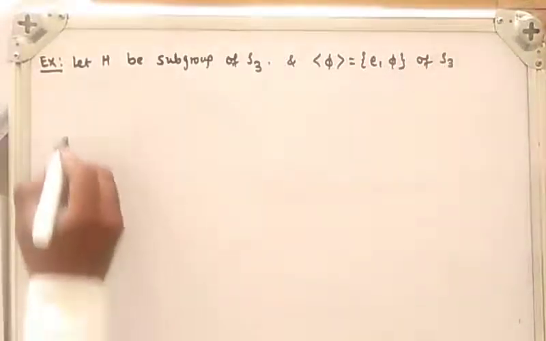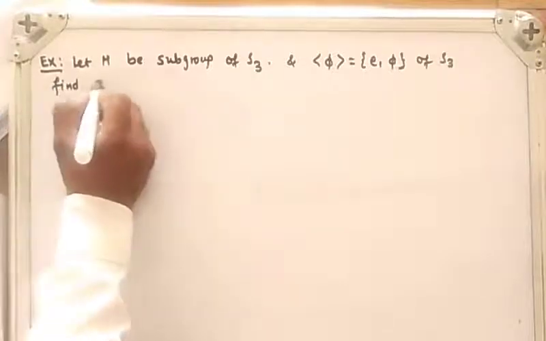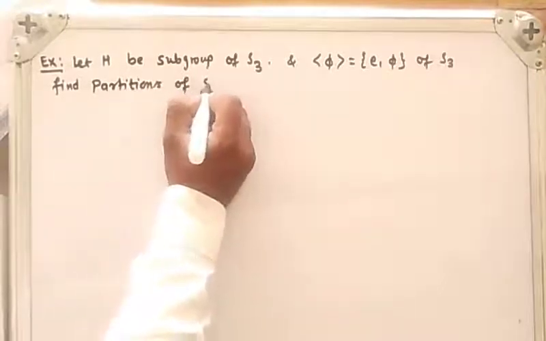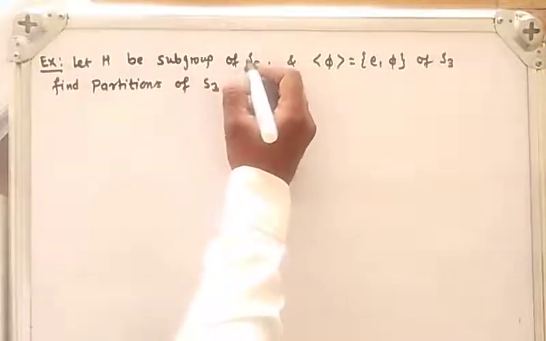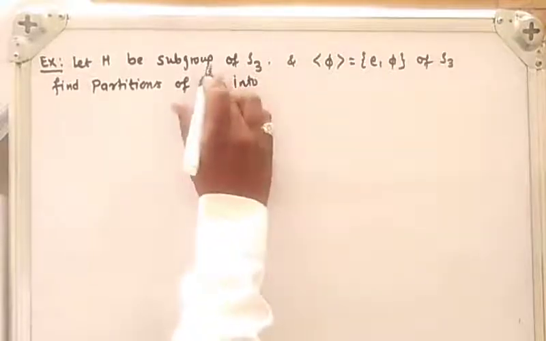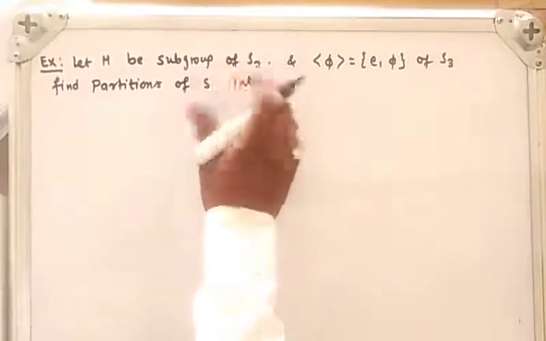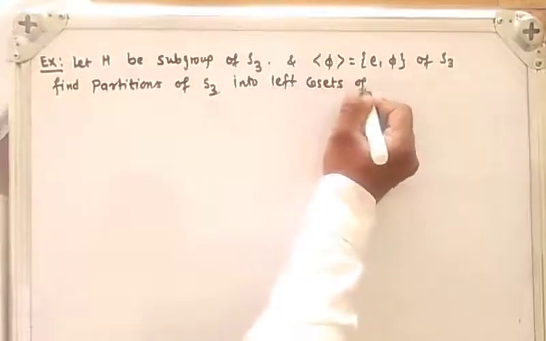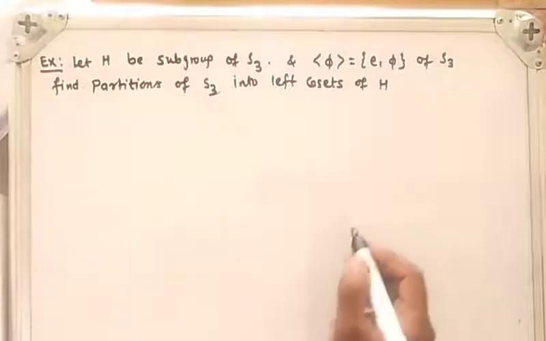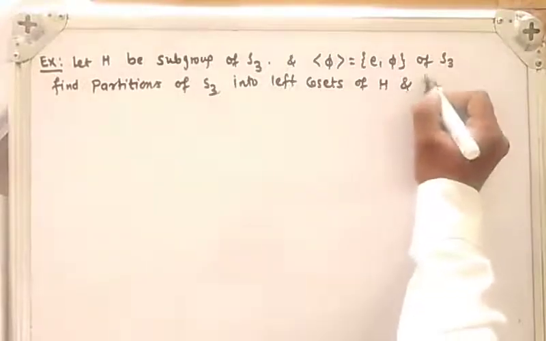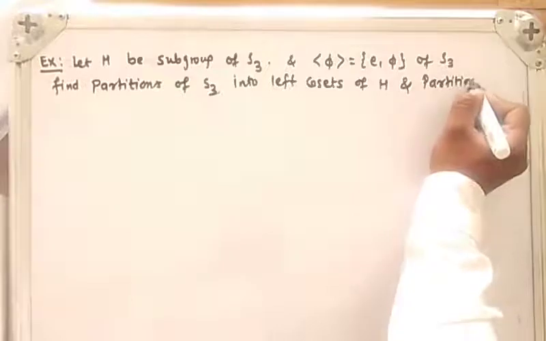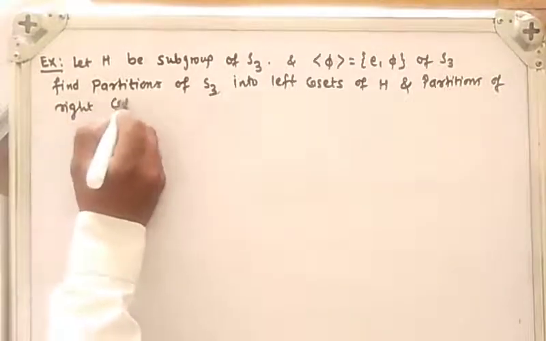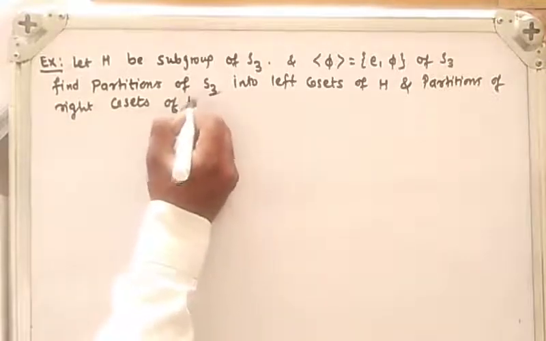Find the partitions of S3 into left cosets of H and the partition into right cosets of H.